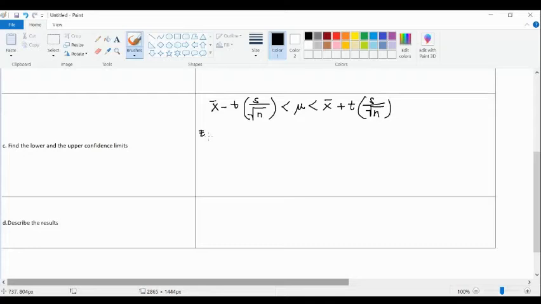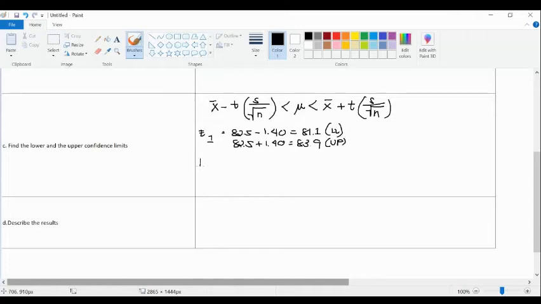Okay, so for the experimental group, we have 82.5 minus our maximum margin of error, that is 1.40. So it will give us an answer of 81.1. This is your lower limit. For the upper limit, it will be 82.5 plus 1.40, so it will be 83.9. This is your upper limit.